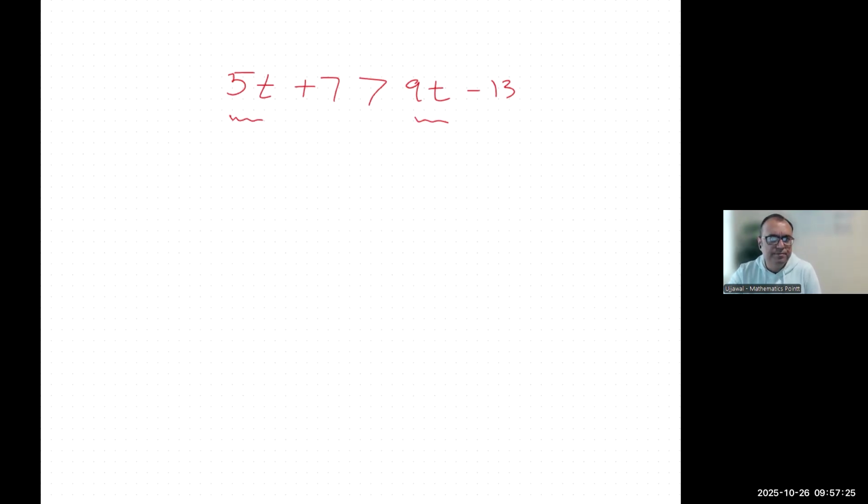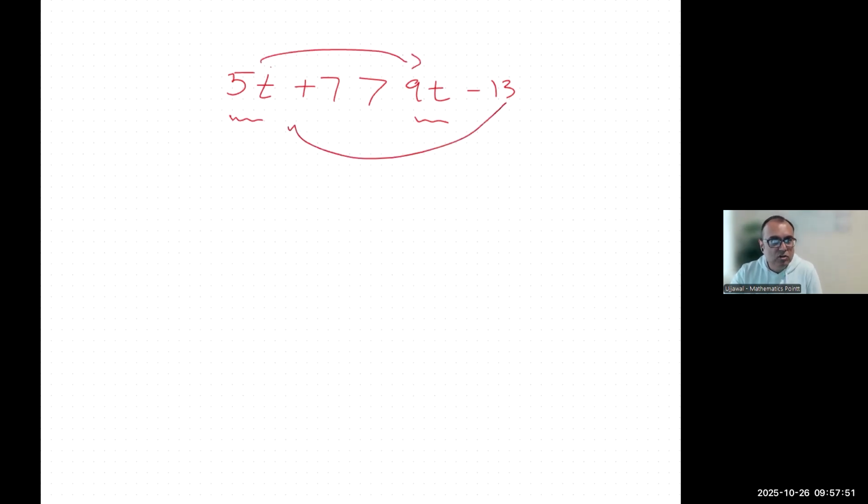Your choice. You want your t's on the left-hand side or right-hand side, your preferred choice, right? So get all your variable terms on one side and the constant term on the other side. So let's take this 5t here and this 13 here.